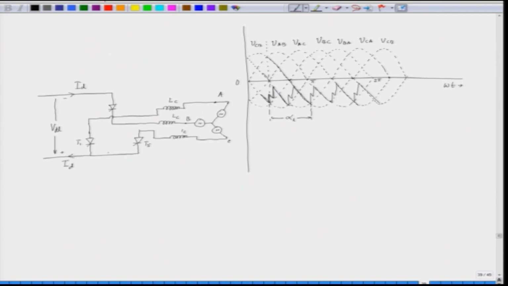We have to understand this particular commutation process. Earlier the current was flowing through this. These are the individual currents IA, IB and IC.